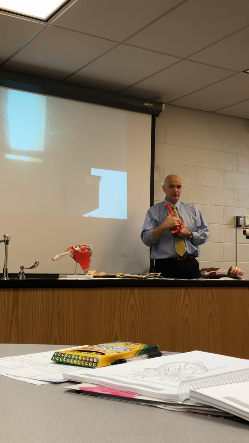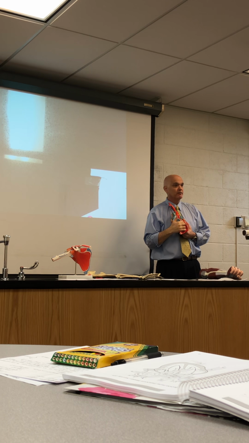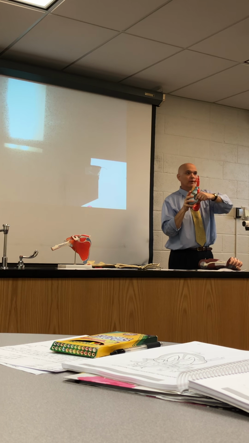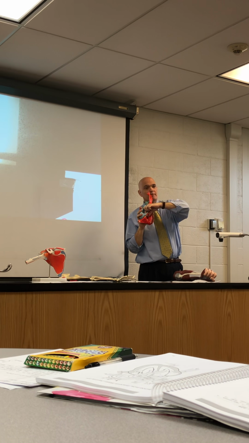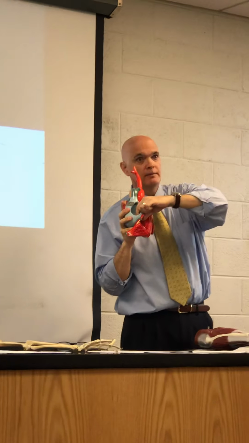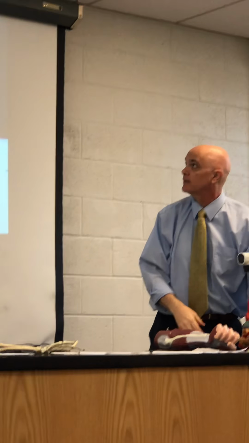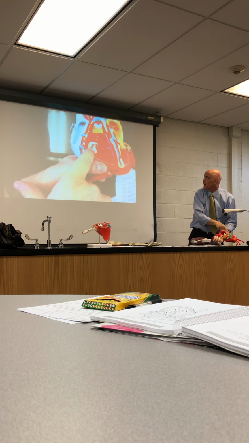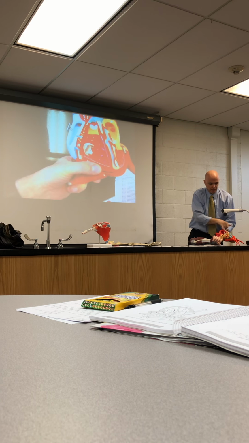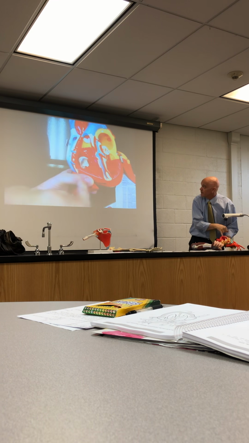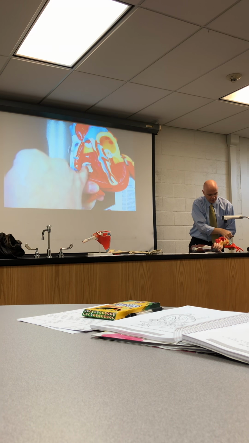It gets pumped into this chamber down here called the right ventricle. And it goes through a valve. We're going to call that the tricuspid valve, because it has 3 cusps. You probably see it a little better here. There's one here, there, and I doubt you can see that all that well.